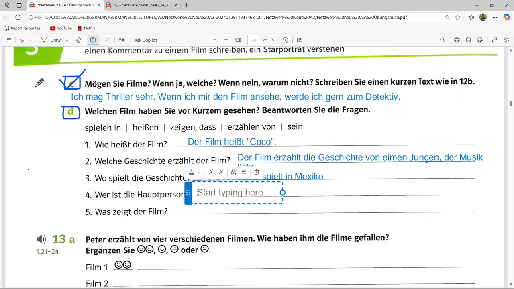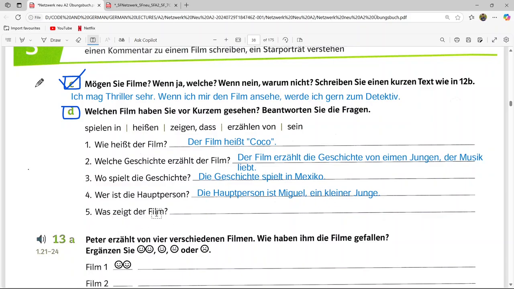What is the name? I think it's Miguel. Okay. Die Hauptperson ist Miguel, ein kleiner Junge. So the main character of the movie is Miguel, a small boy.